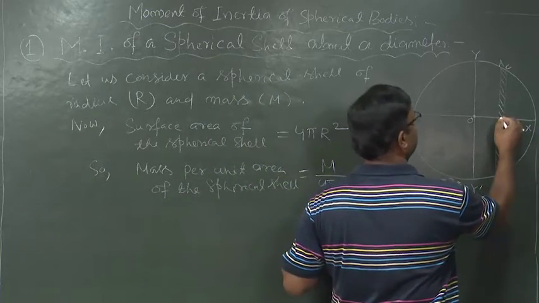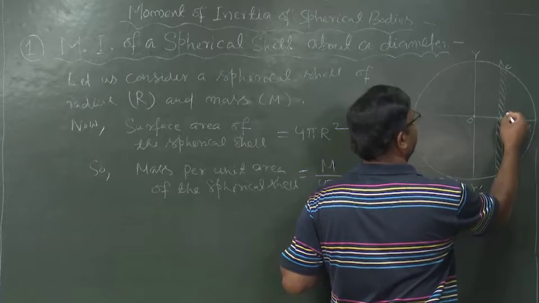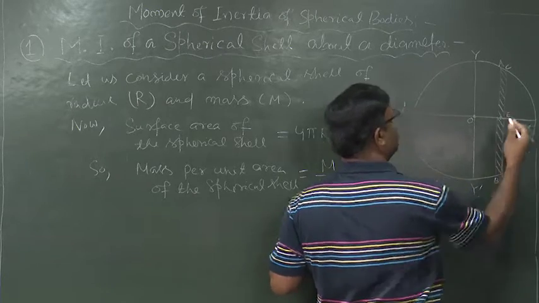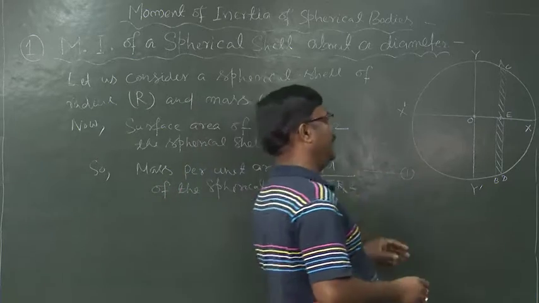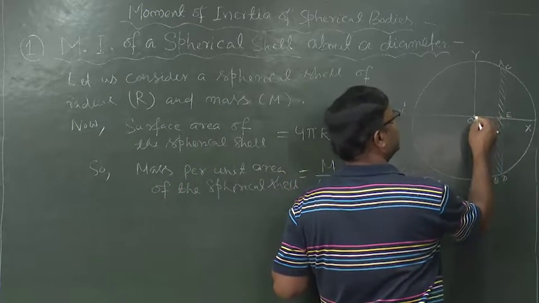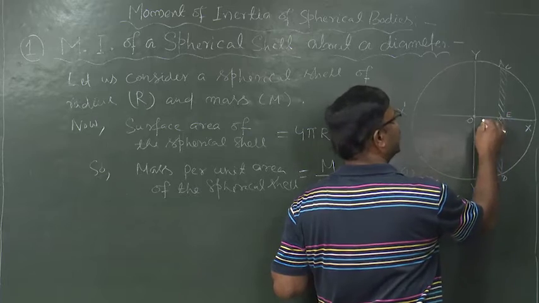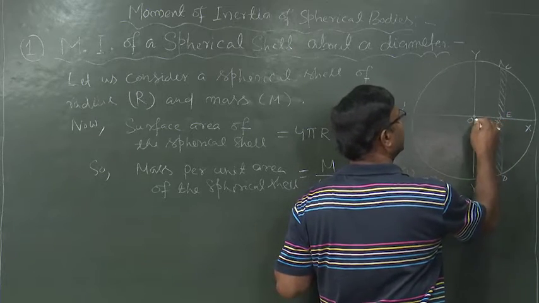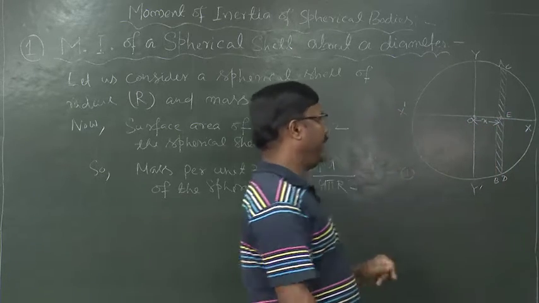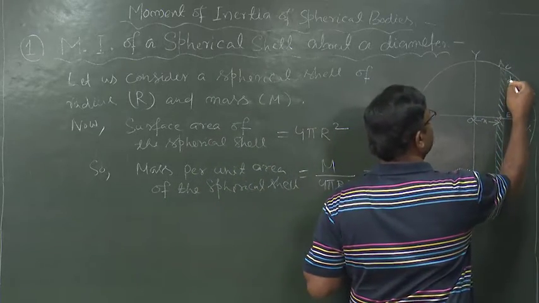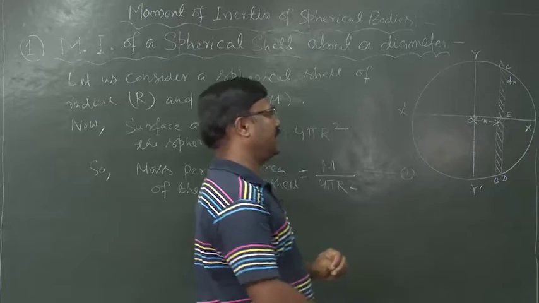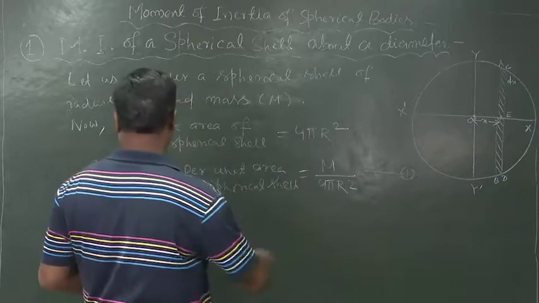Now, here I am writing E as the center of that ring of the element and let the distance of the ring from the center of the spherical shell be x and the thickness of this element is taken as dx.